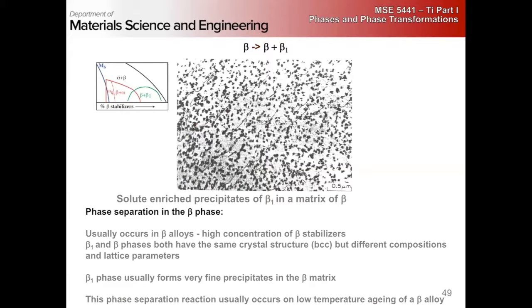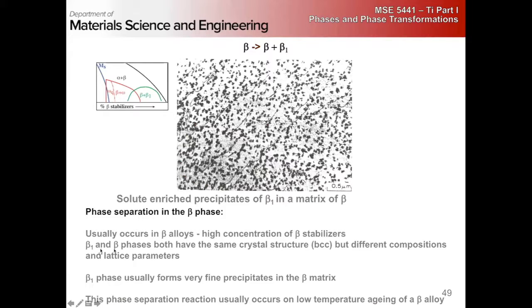Right? Essentially GP zones, right? This beta to beta 1 is very analogous to GP zones. So if you have a high concentration of beta stabilizers, you can get a separation into this beta 1 and beta phase.